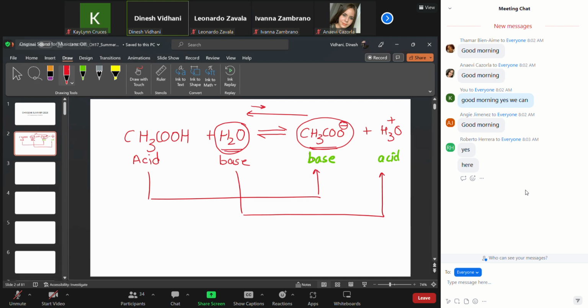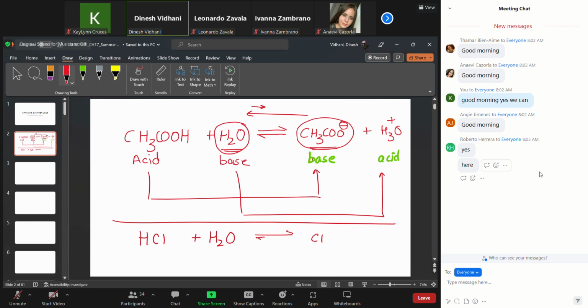So it tells you that when you put acetic acid, a weak acid, in water, it's going to generate a stronger conjugate base. Let me put a strong acid in water. What this acid wants to do is completely dissociate into ions. So the forward equilibrium is more than the reverse equilibrium.